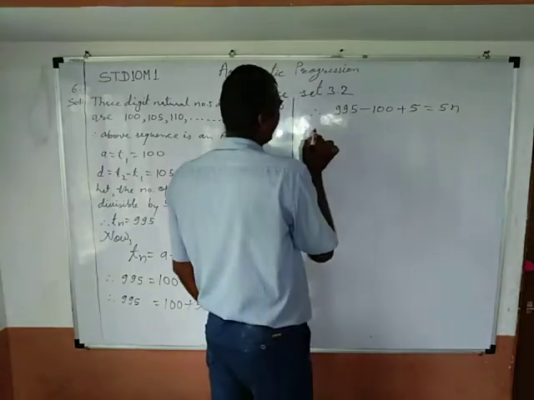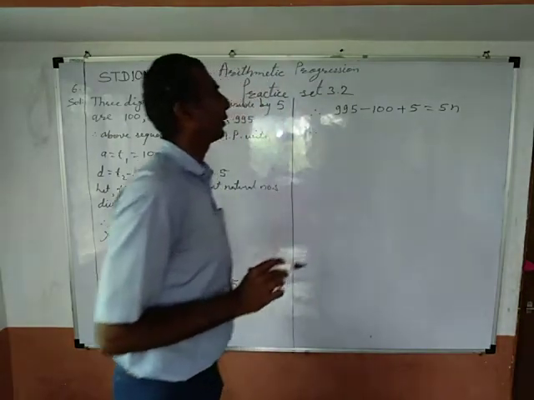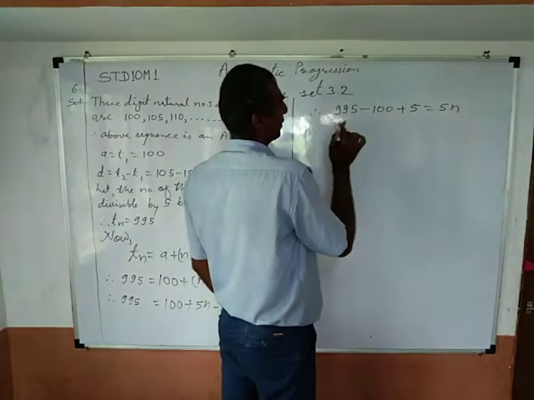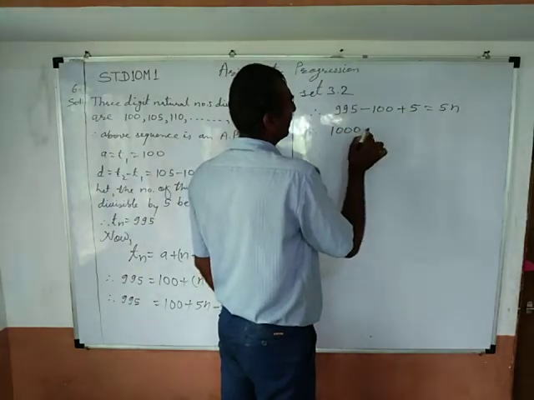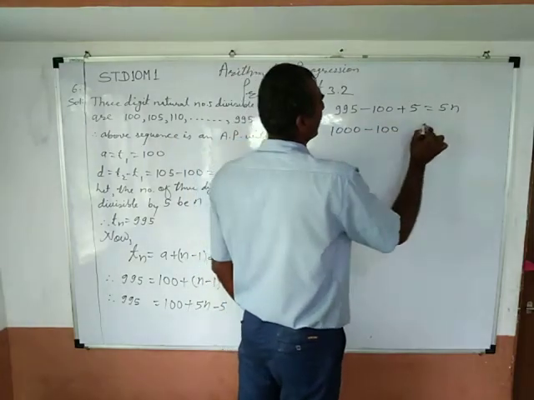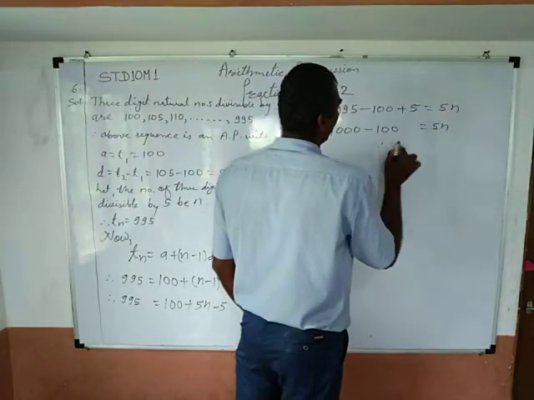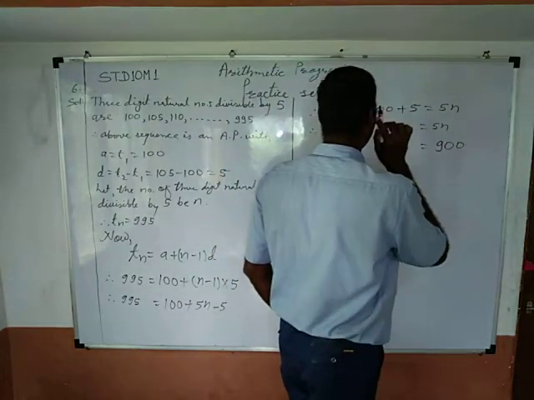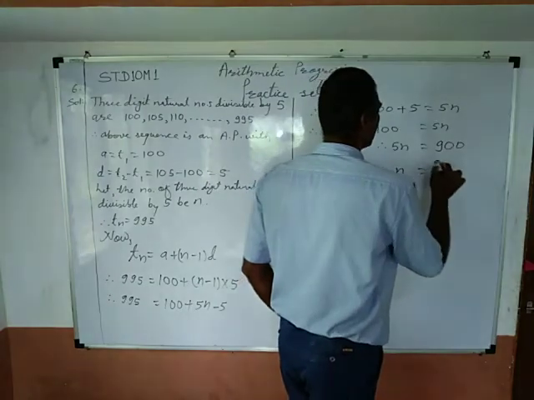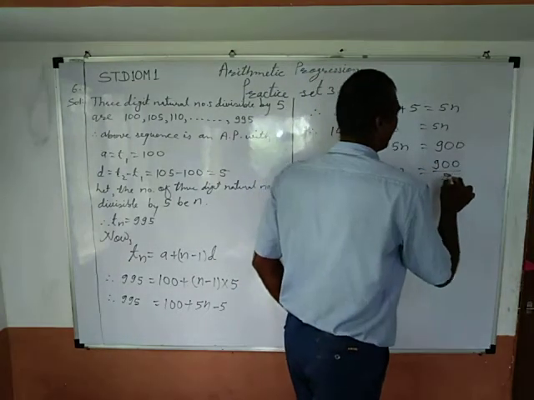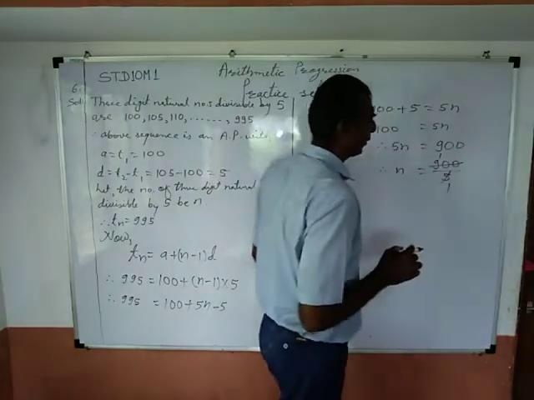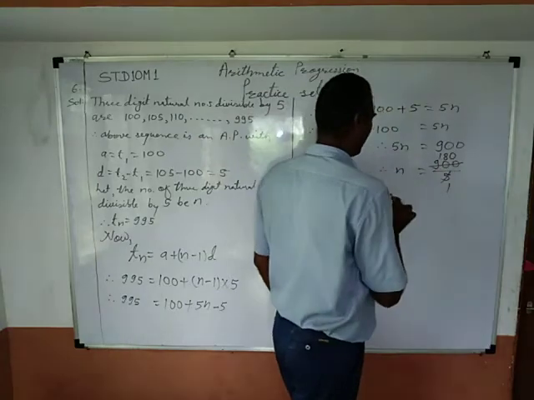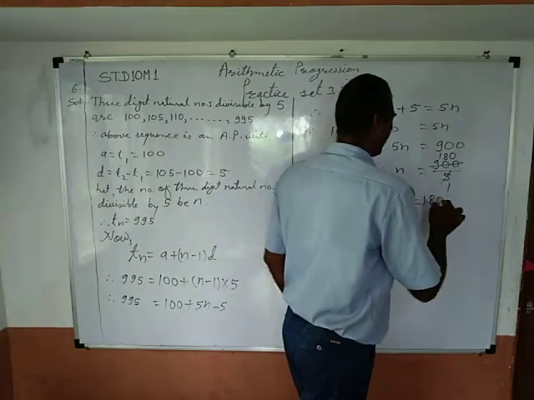Therefore 995 plus 5 gives us 1000, minus 100 equals 5n, and therefore 5n equals 900, therefore n equals 900 divided by 5. 5 eights are 40, 5 0 0, and therefore n equals 180.